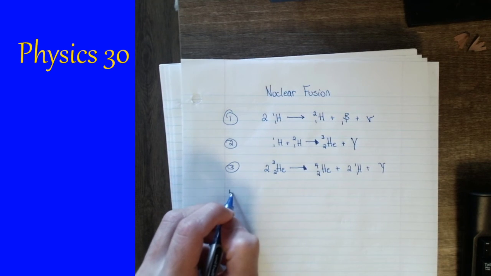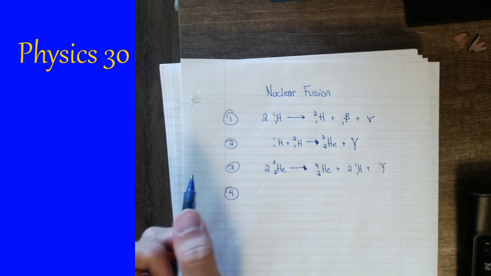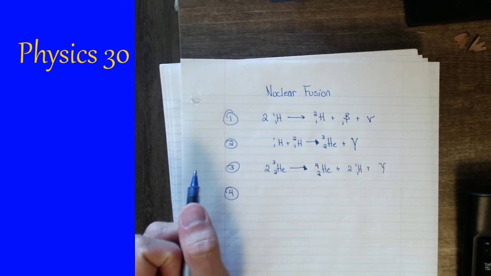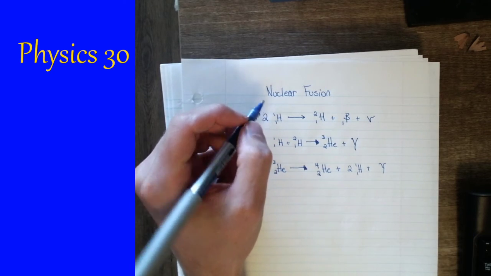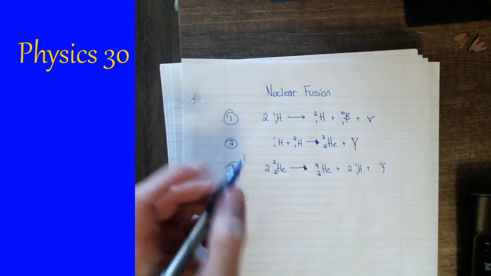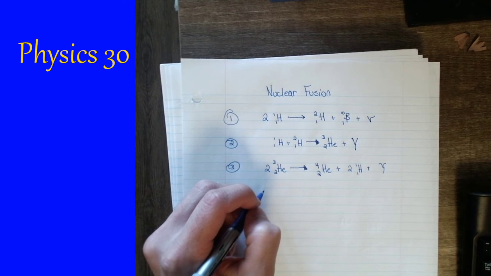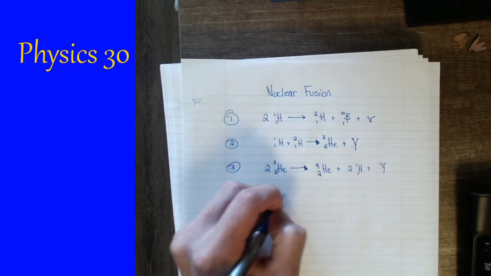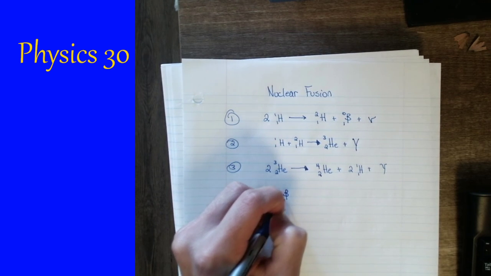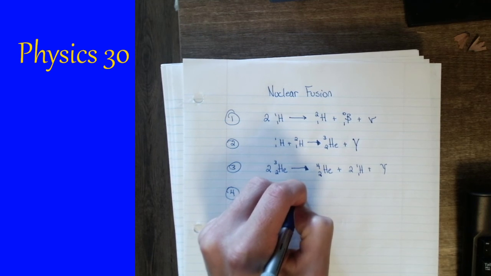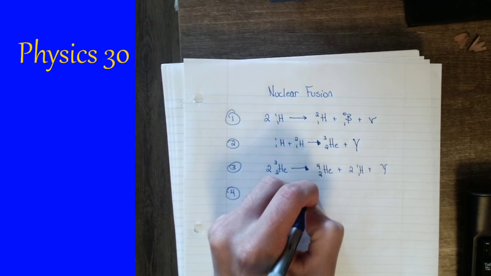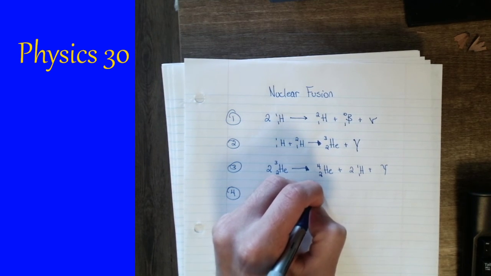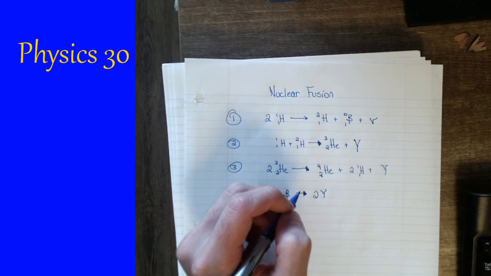The last little step is that when this happens twice, it produces 2 positrons. Those positrons combine with some electrons floating around, and they annihilate. You get 2 extra gamma ray photons.